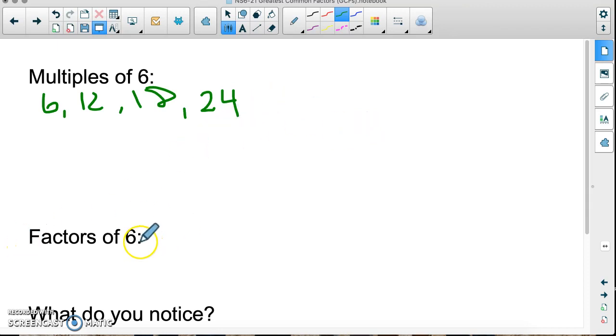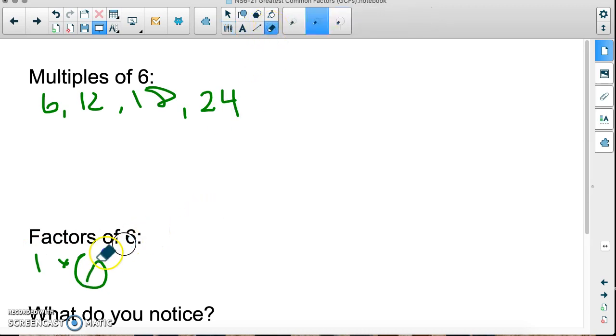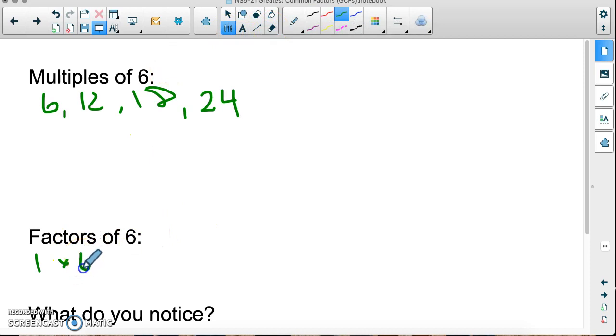So let's repeat this for the factors of 6. For the factors of 6, you can only have 1 times 6 to get to 6. You could have 2 times 3, and those are the only ways that you can get to 6. So the factors of 6, we would say, are 1, 2, 3, and 6 itself.